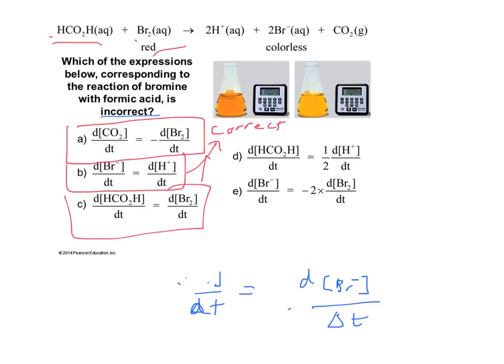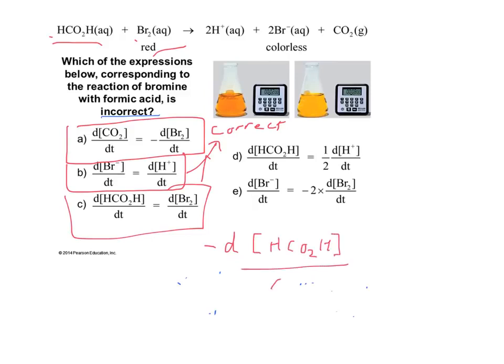Next, we look at D here. Change of formic acid is equal to 1/2 that. So let's see. If we were writing it generically, we'd say a negative, because that's a reactant, so a negative change in formic acid per unit of time is equal to, and we come over here for hydrogen, it's got a 2 there, so we definitely put the 1/2 times the change in the concentration of hydrogen.